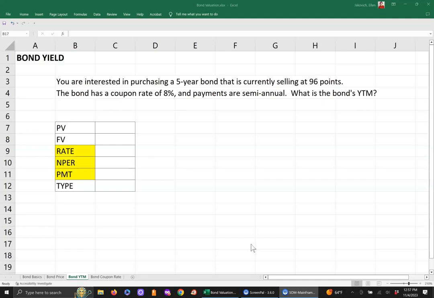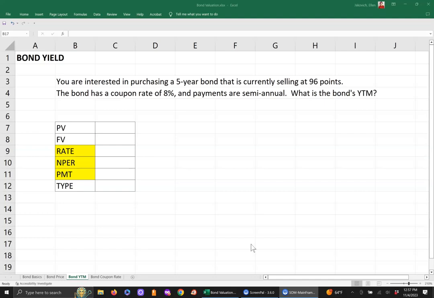So, we're looking to purchase a 5-year bond that is selling at 96 points. What does that mean? That means 96% of par value is the selling price. So what is par value? It doesn't say.